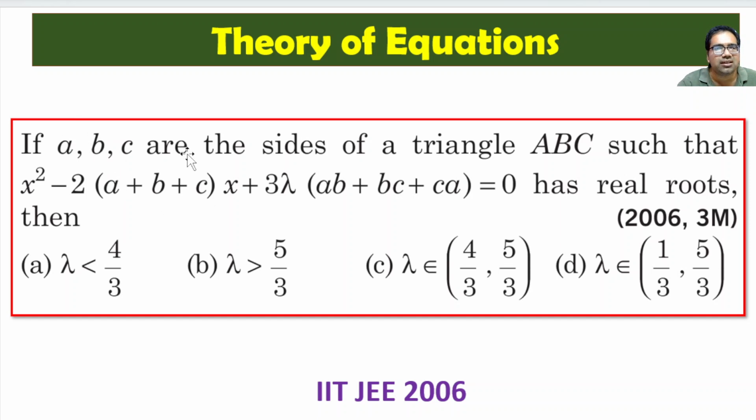At the same time, these are roots of an equation which has coefficients in terms of a plus b plus c and has real roots. That means b square minus 4ac for this equation should be greater than or equal to 0. Right, guys? Thank you.